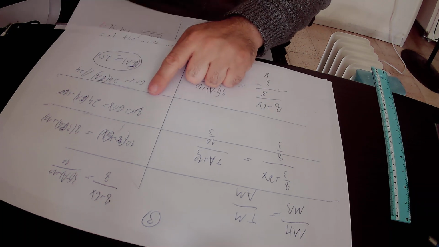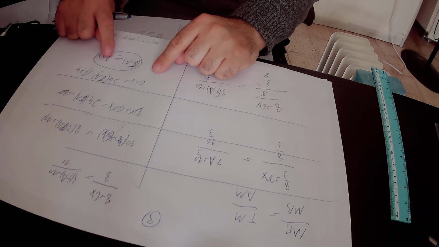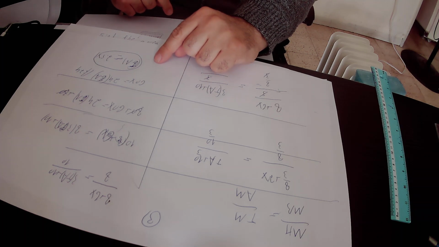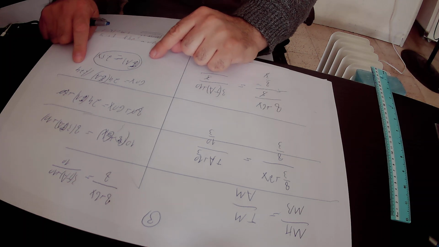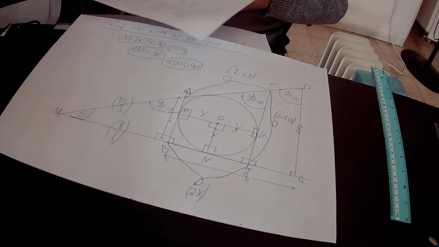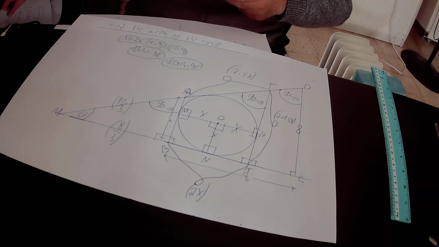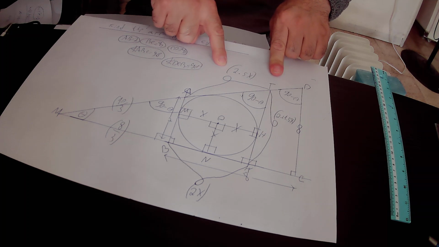We have 80 on both sides of the equation, so 80 will get cancelled, and we are left with 60x equal to 24TA. We divided this equation by 24. 60x over 24 is 2.5x. Therefore, in total, we found that TA equals 2.5x. Here, this line segment TA is equal to 2.5x.